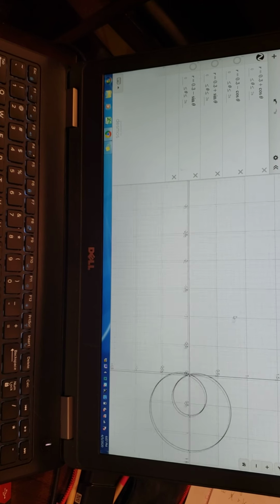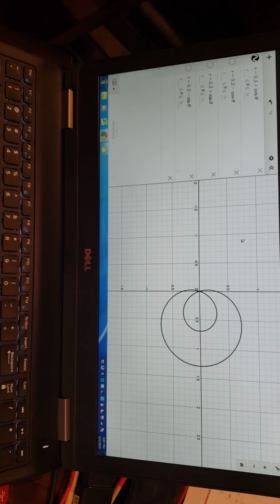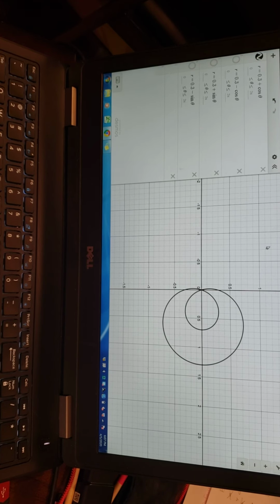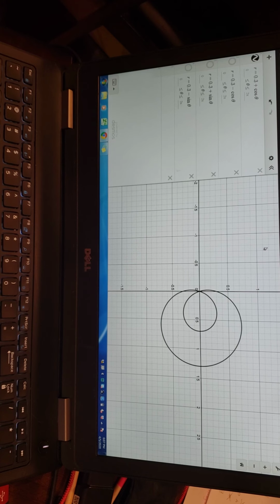Let's examine this. So I'm just zooming in, and I want you to look at this. Okay, let's keep in mind, A is 0.3, and the absolute value of B is 1. I should really say the absolute value of A as well. Okay, the absolute value of A is 0.3, and the absolute value of B is 1.